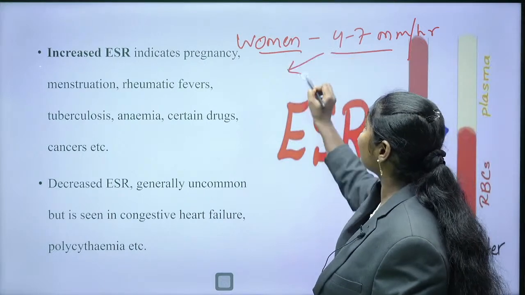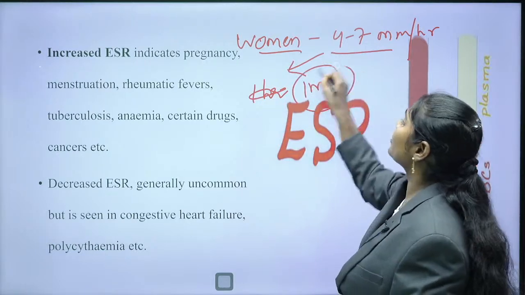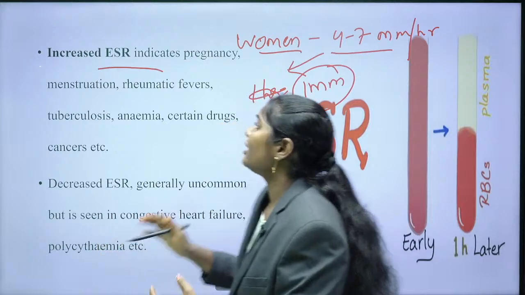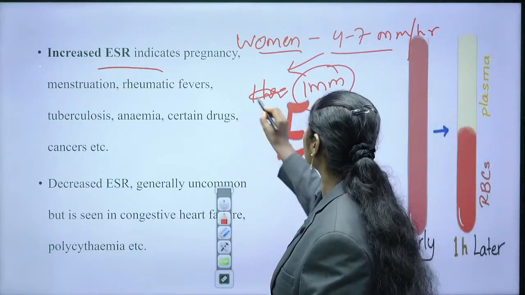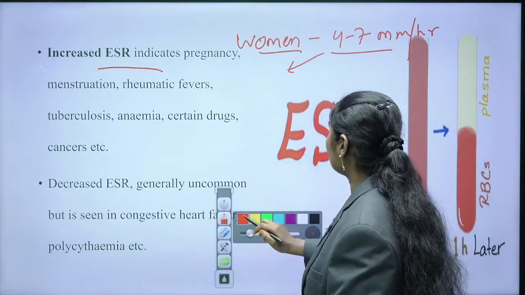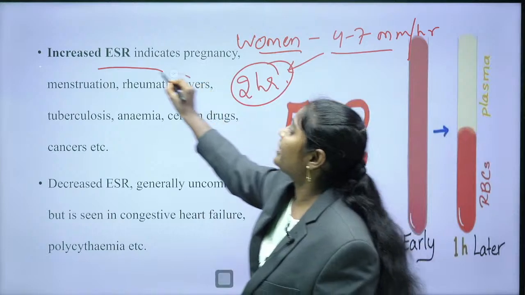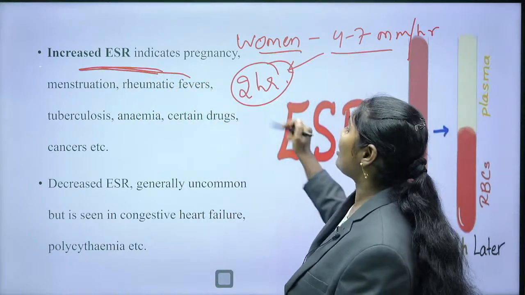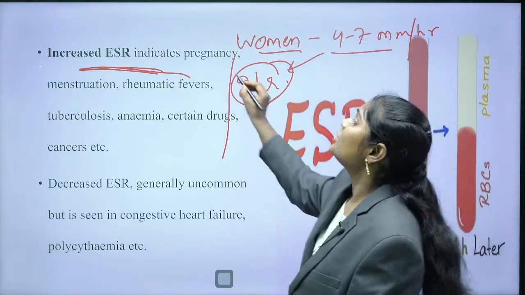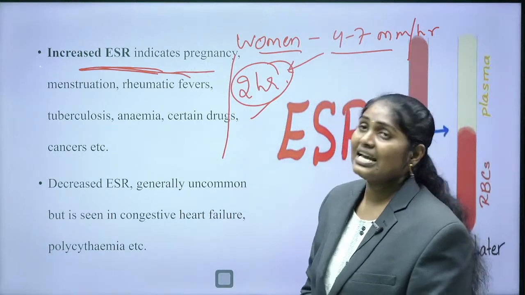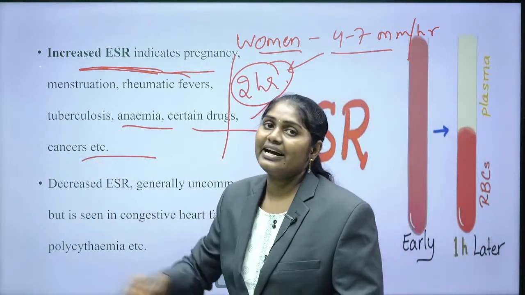If it is less than that, if it is only 1 mm or 2 mm/hour, that indicates something. To settle the same amount, if a person is taking 2 hours, that means increased ESR. That is especially seen in pregnancy, menstruation, rheumatic fever, tuberculosis, anemia, certain drugs and cancers.